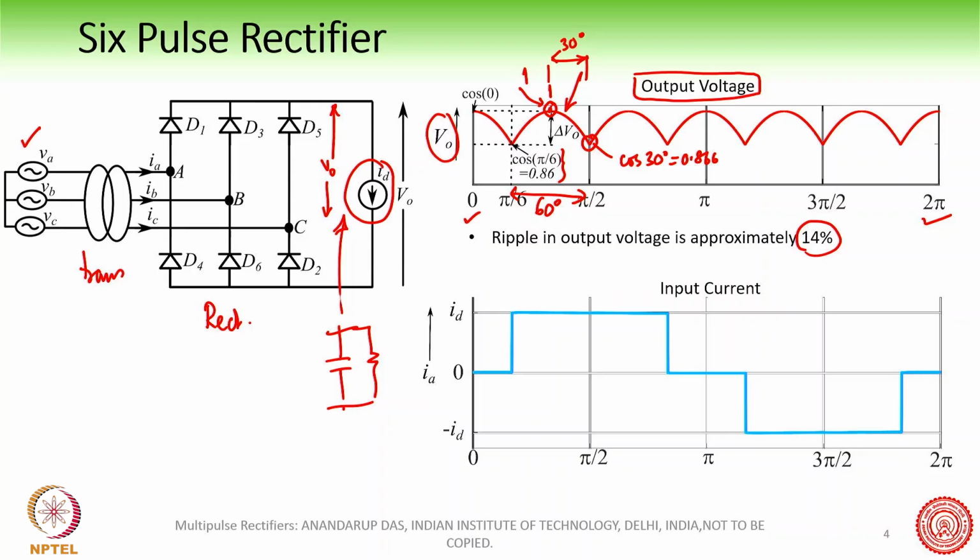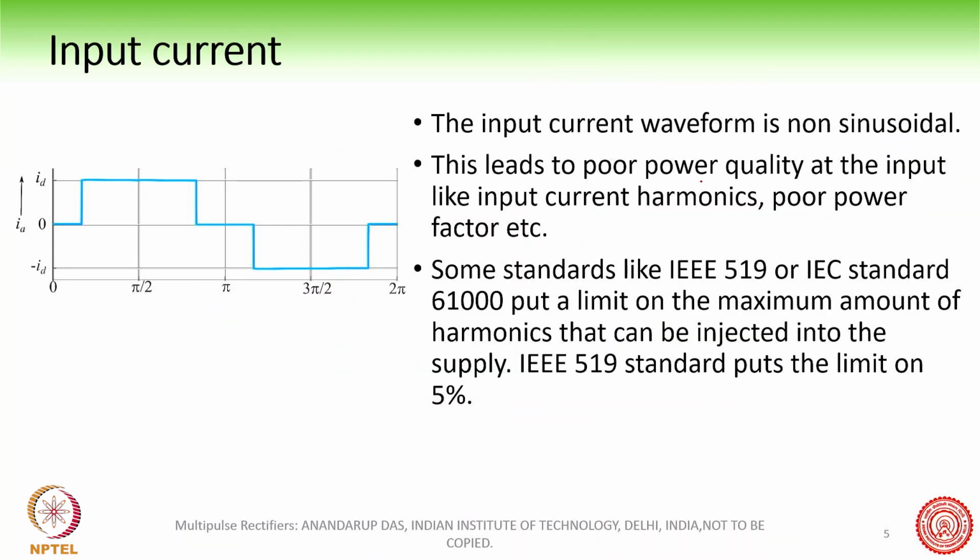What about the input? This is where the problem starts. The input current, as we have covered in some of the previous lectures, IA, this current here is a quasi square waveform, and this is going to be a problem which we know, and it leads to poor power quality at the input, like input current harmonics, and some standards like IEEE 519 will not allow you to use this equipment in your factory or in the real setup, because it is violating this standard and you are injecting too much harmonics into the grid.